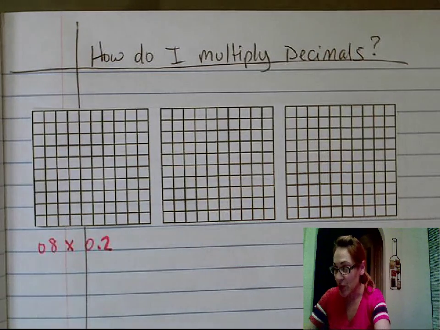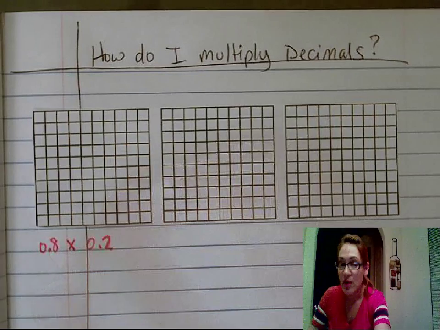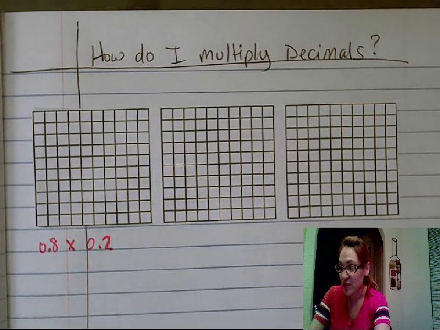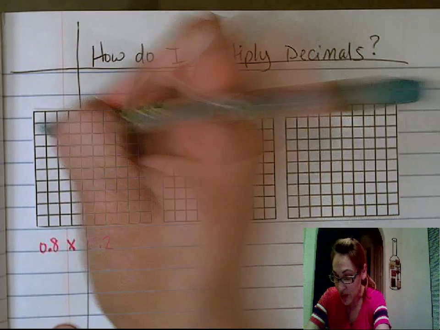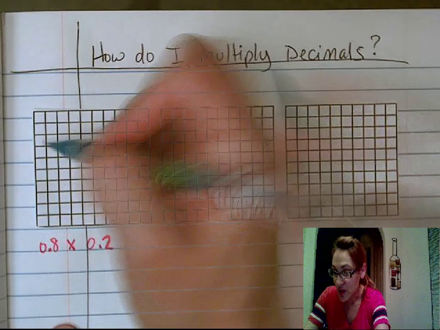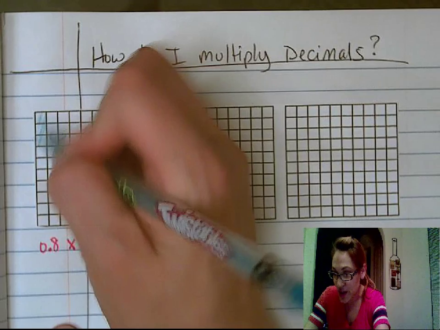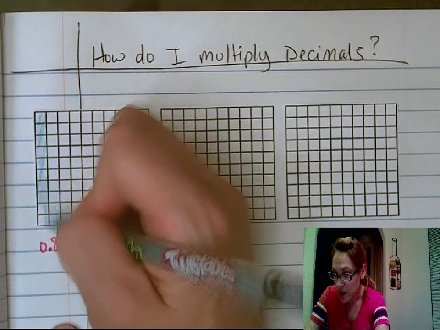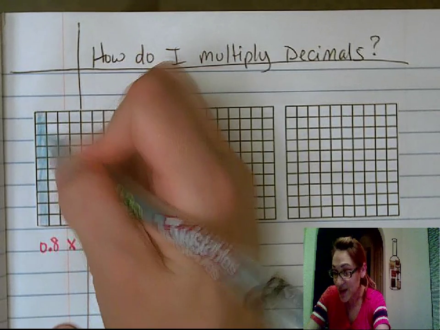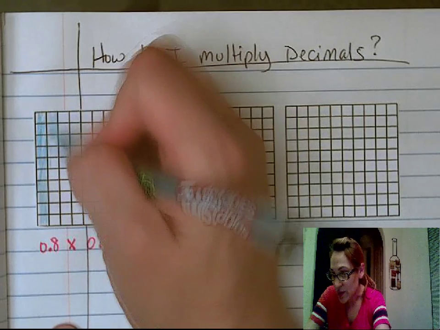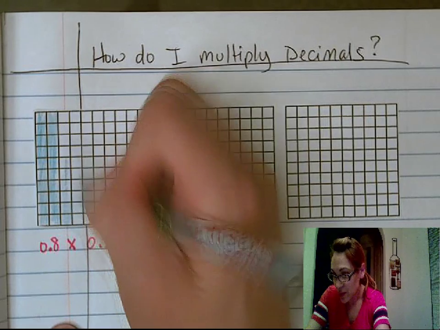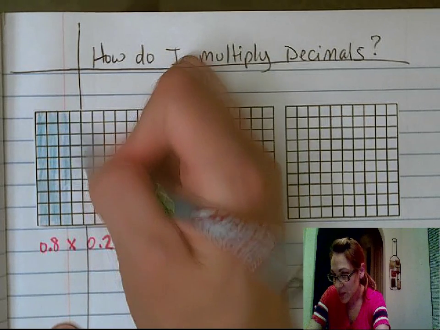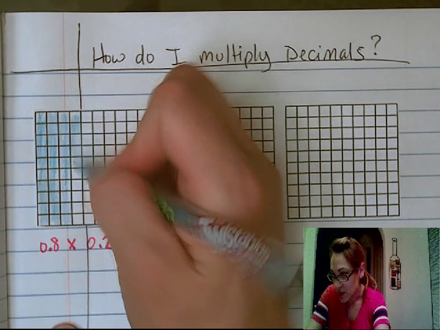Alright, so first what we're going to do, and I'm sorry, this should be 8/10. We're going to shade in 8/10. Remember on the hundreds grid, one of these rows is considered a tenth, either going down or going across. So all I'm going to do is shade in. Here's 1/10. Here's 2/10. 3/10. Doesn't have to be perfect either.